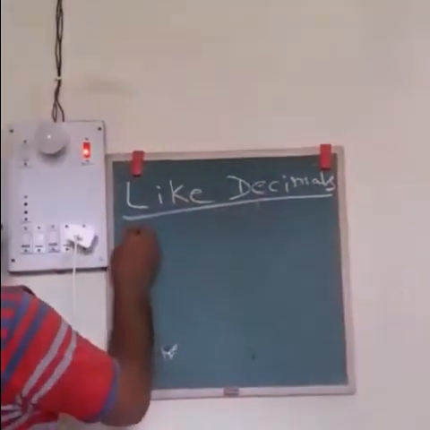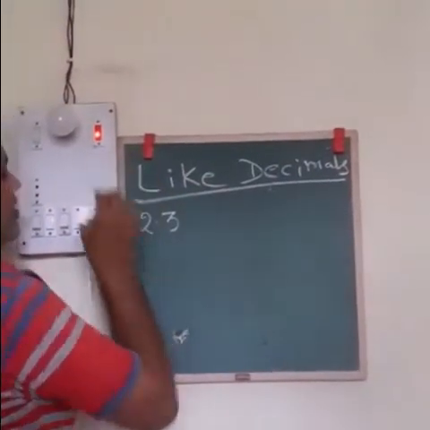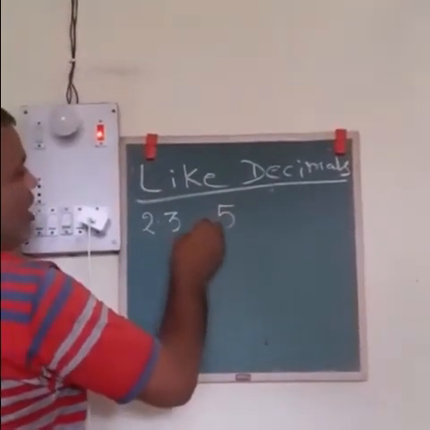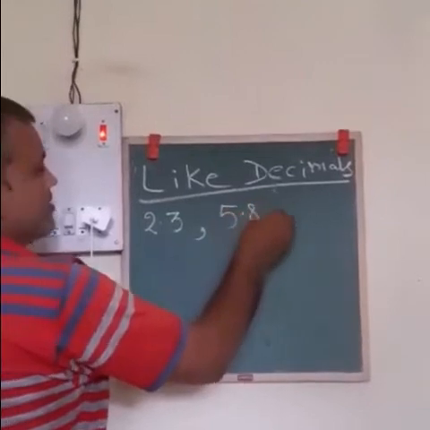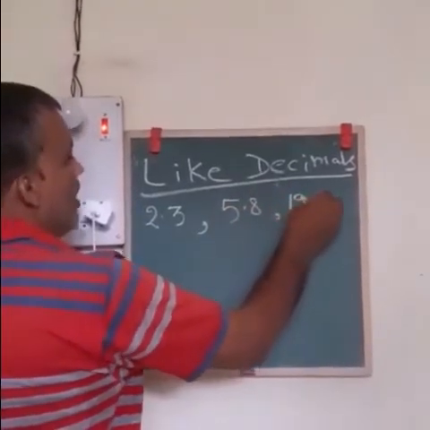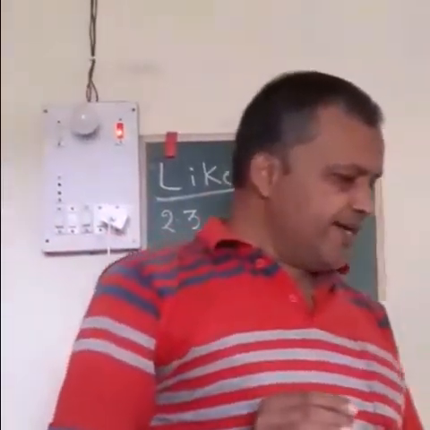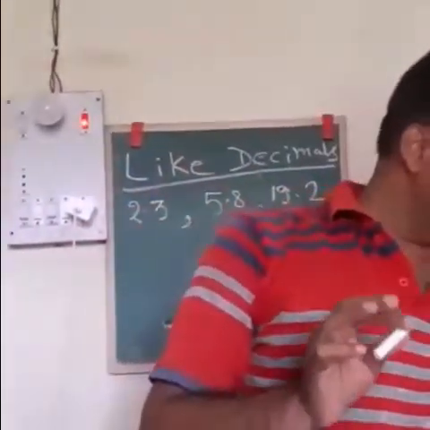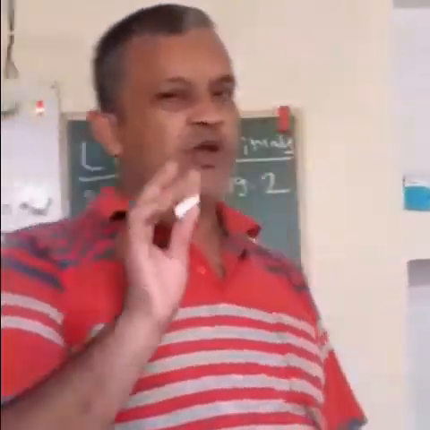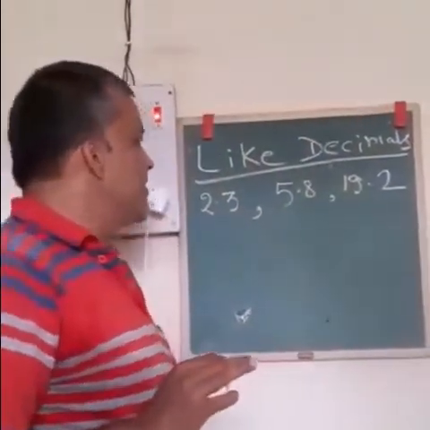Example: 2.3, 5.8, 19.2. As by definition, decimals having an equal number of decimal places are called like decimals.